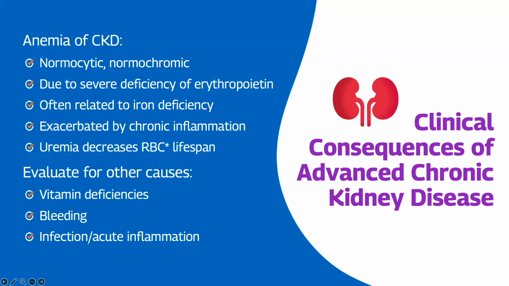So we cannot assume that signs and symptoms of anemia are produced by CKD alone. Therefore, we must continually evaluate for any other potential underlying causes of anemia, such as, for example, vitamin deficiencies, bleeding, infection, and accompanying inflammation.